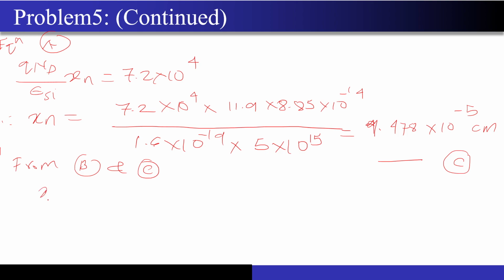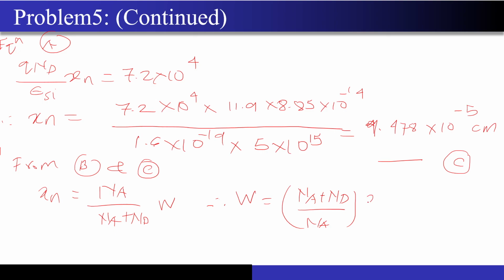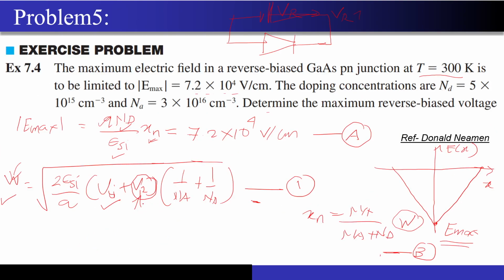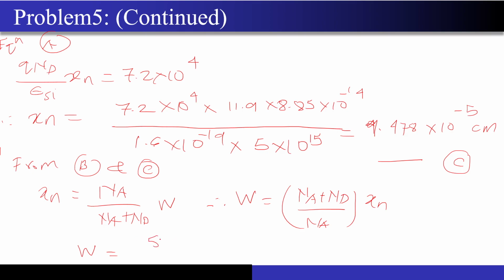So now Xn is what? Na upon Na plus Nd times W, and hence if I want to find W, W will be what? Na plus Nd divided by Na into Xn, correct? Now let me put everything over here. Na has been given. Okay, Na is 3 into 10 to the power 16 and Nd is 5 into 10 to the power 15. So 5 into 10 to the power 15 plus 3 into 10 to the power 16, right?